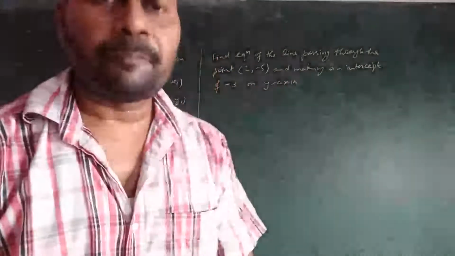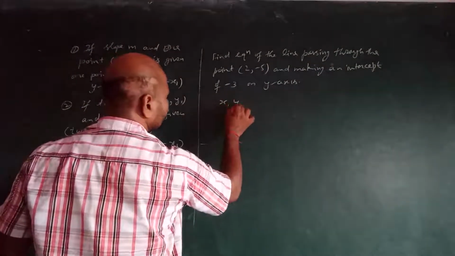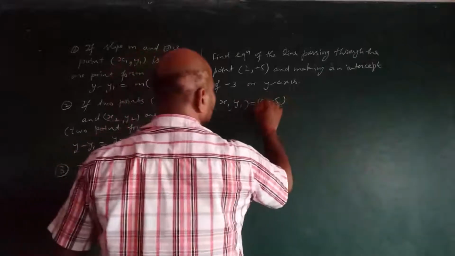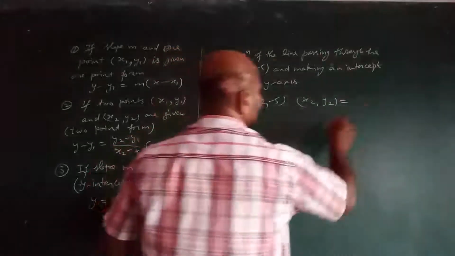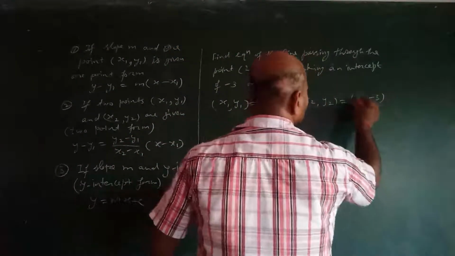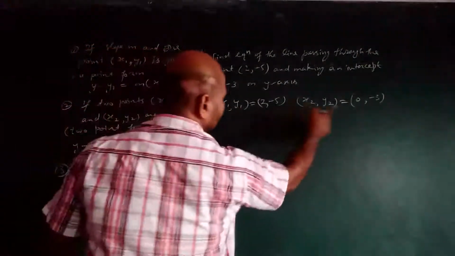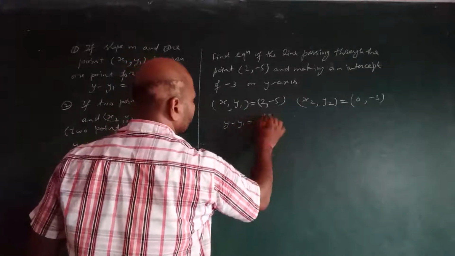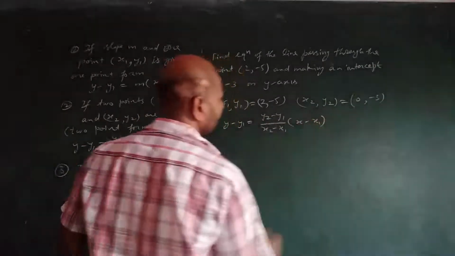Okay, one point we have, as you can see: x1, y1 equals 2, minus 5. And x2, y2 we also have. It says the y-intercept is minus 3, that means x is 0. Then 2 points are there. Now we will use y minus y1 equals y2 minus y1 upon x2 minus x1 into x minus x1.